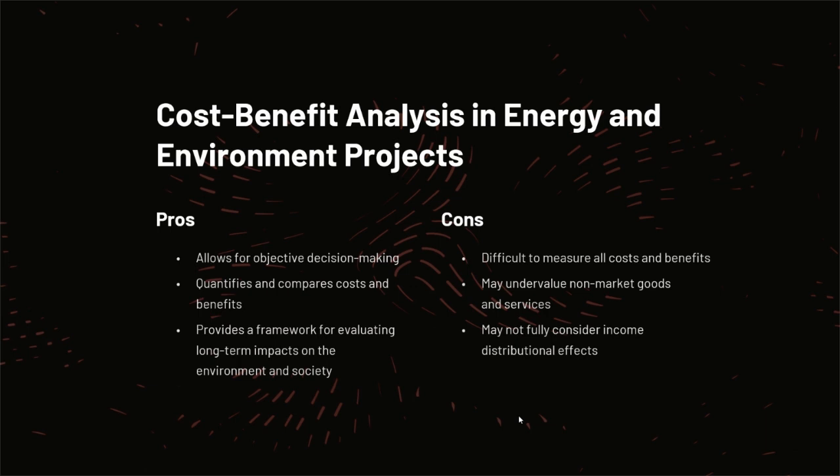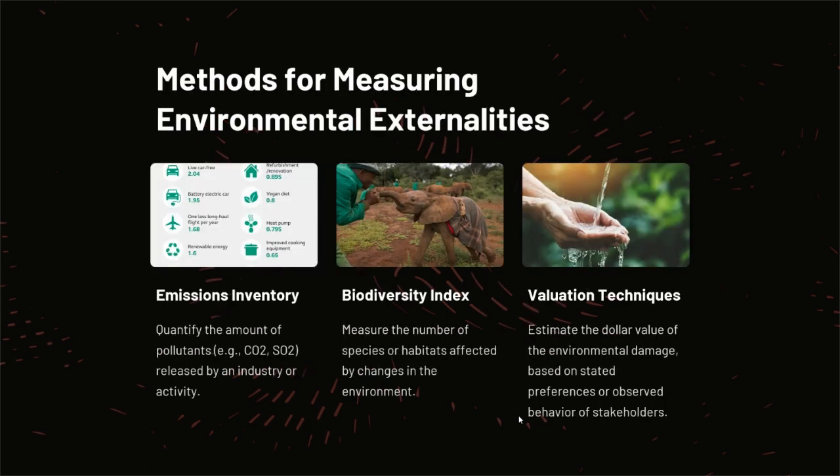Thus it is not so easy to calculate all the costs and benefits. It may undervalue non-market goods and services. Other products in the market may get undervalued, and it may not fully consider income distributional effects.